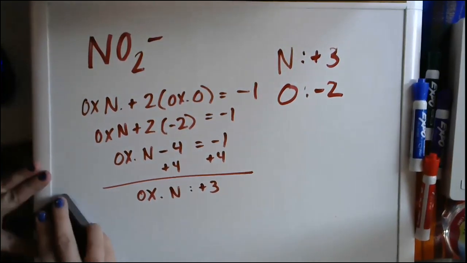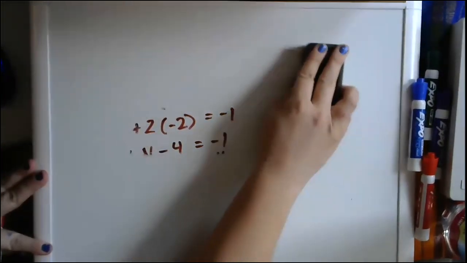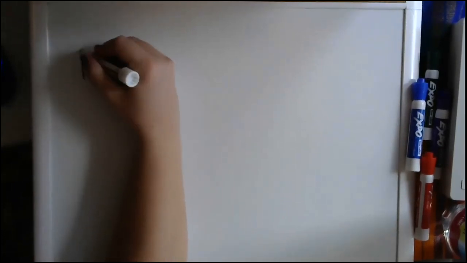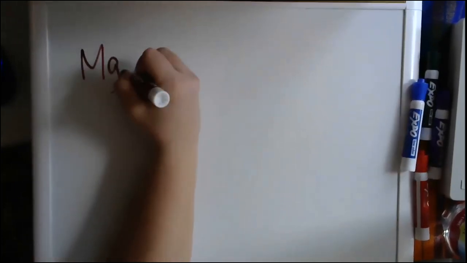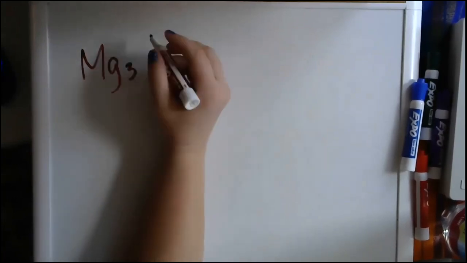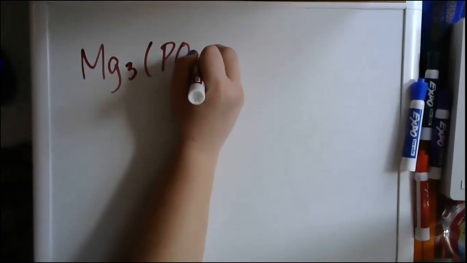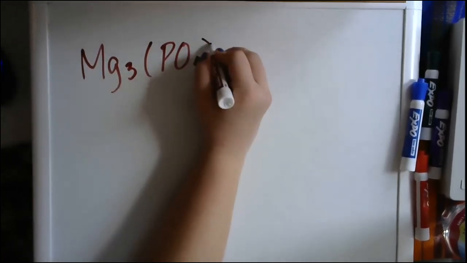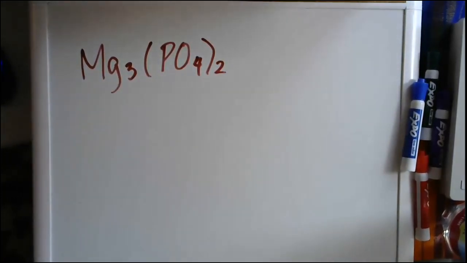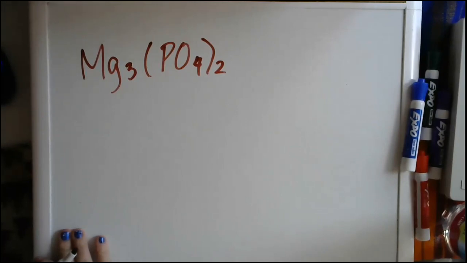All right, now let's look at how we figure out the oxidation states of atoms that are part of compounds that have polyatomic ions in them. Say I have something like this, Mg3(PO4)2, and I want to know what the oxidation state of everything in here is.